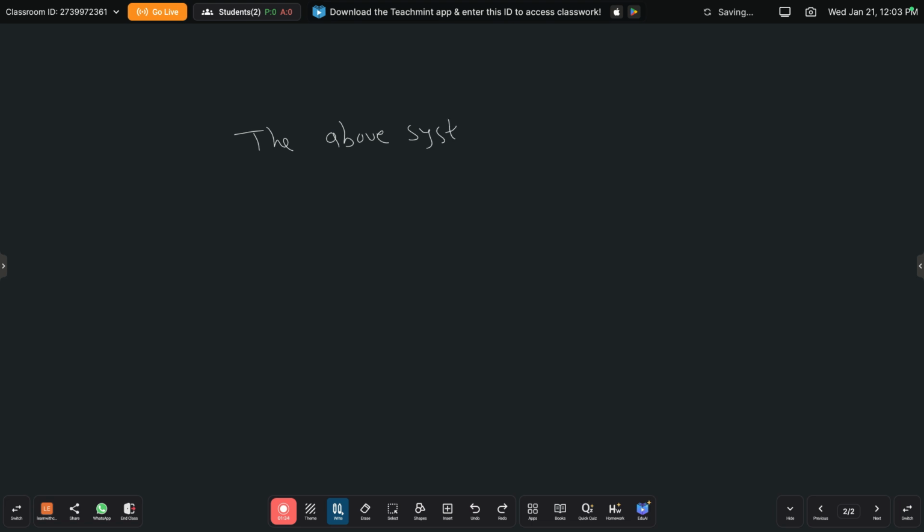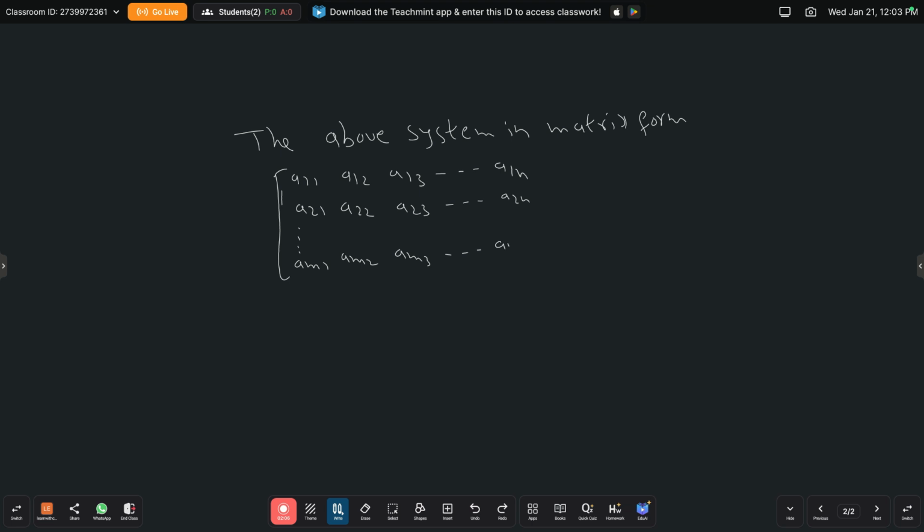The above system in matrix form is: we write all the coefficients in one matrix: a11, a12, a13 and so on a1n; a21, a22, a23 and so on a2n; am1, am2, am3 and so on amn.